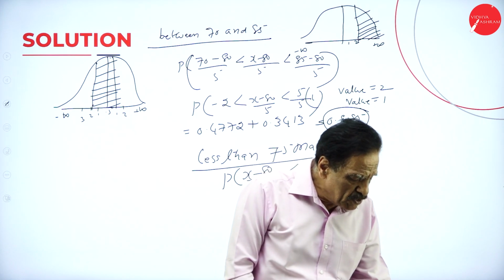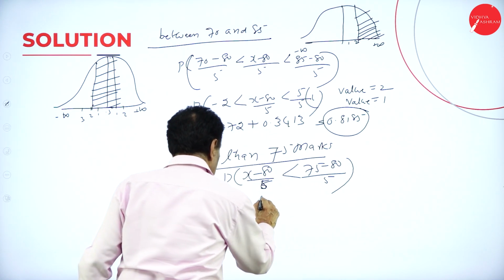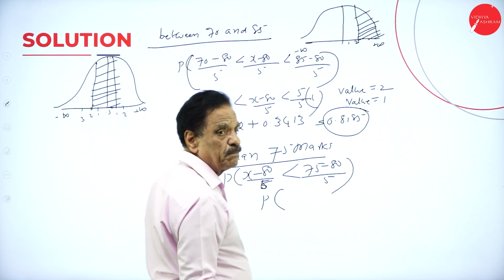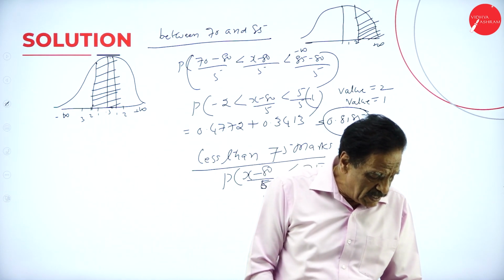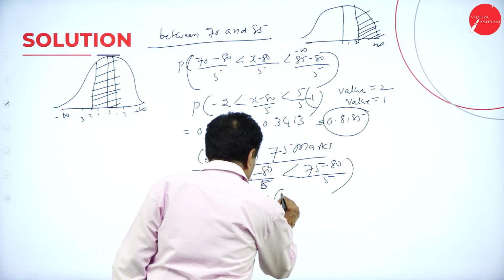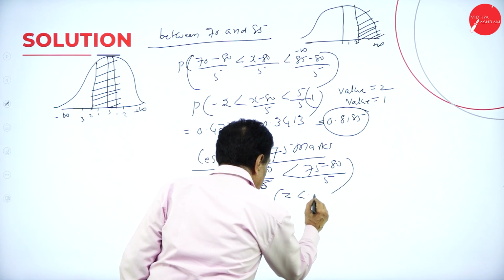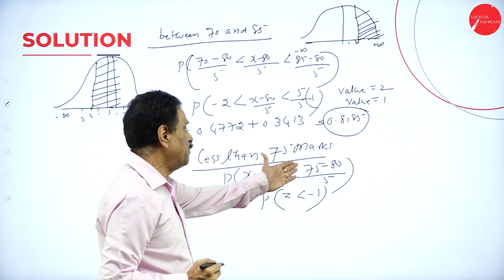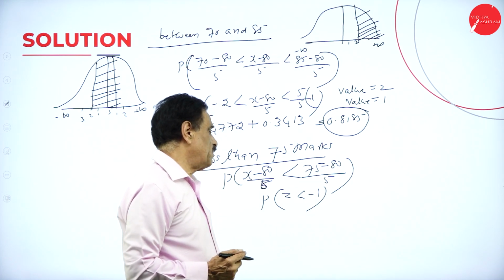So P, Z less than minus 1, since 75 minus 80 is minus 5, divided by 5 is minus 1.